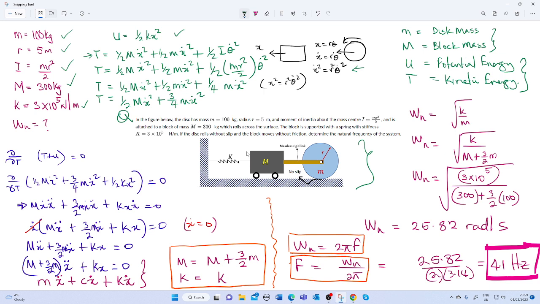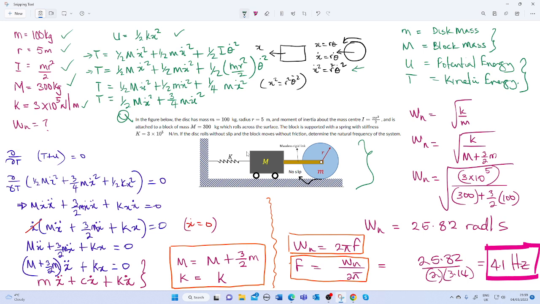And we are given that I equals mr squared over 2. So the equation becomes T equals half M s dot squared plus half m s dot squared plus half into bracket mr squared over 2 into bracket theta dot squared.